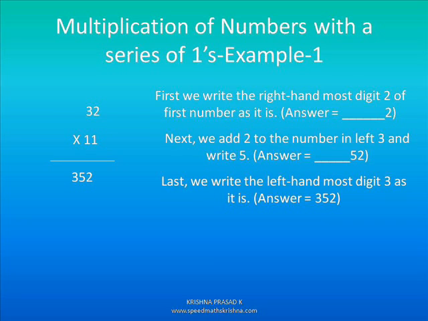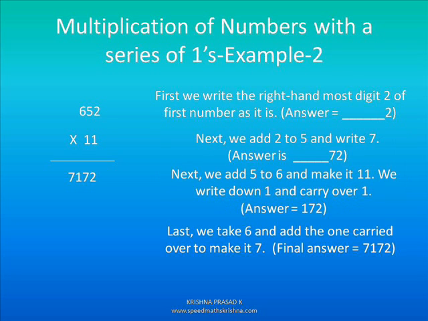Let's take one more example, 654 into 11. First we write the rightmost digit 4 of the first number as it is. The answer is 4, but it is not complete. Next we add 4 to 5 and write 9.